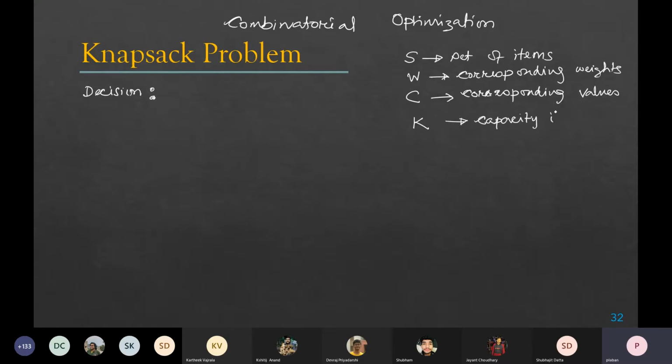So it cannot hold items beyond this capacity limit. The addition of the weights of the items inside this knapsack should not cross this capacity limit, right? And of course, our goal is to have at minimum a kind of consolidated value.